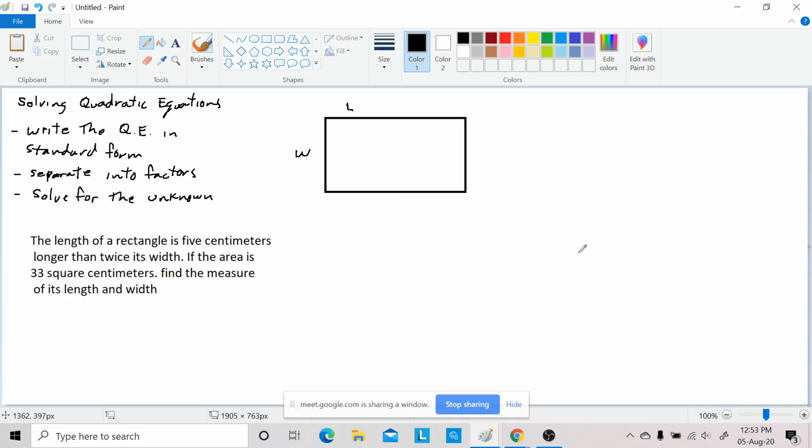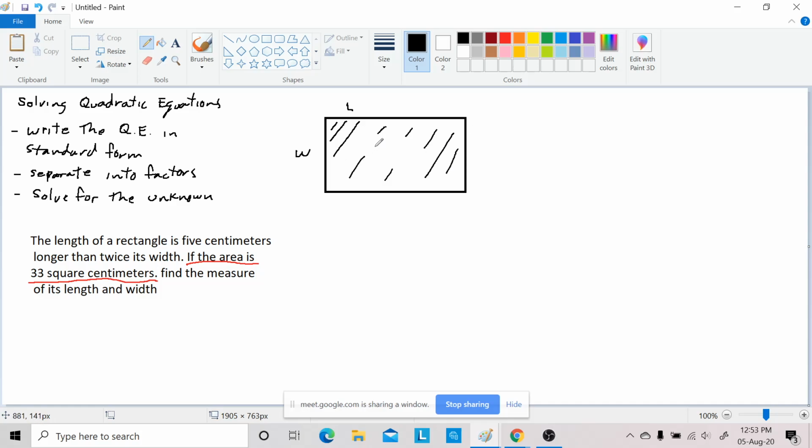Now what other information can we get from the problem? We have the area. The area is 33 square centimeters. The area is the space inside, correct? That's the area here, everything inside.